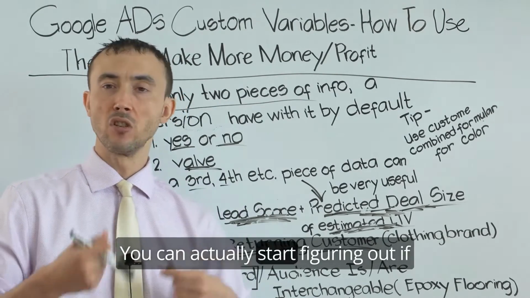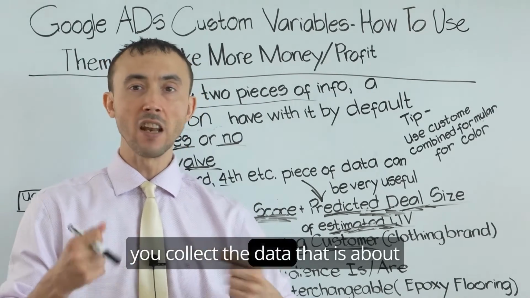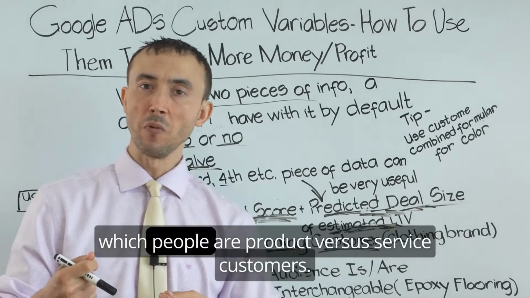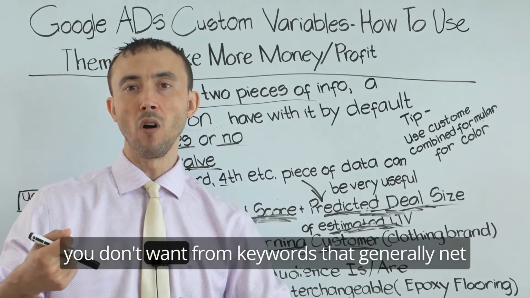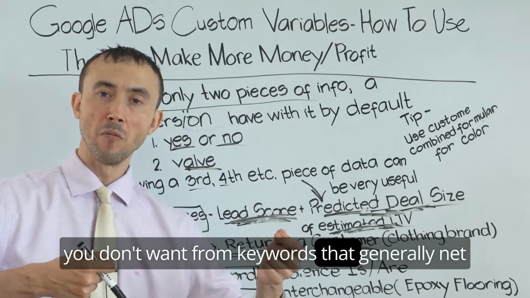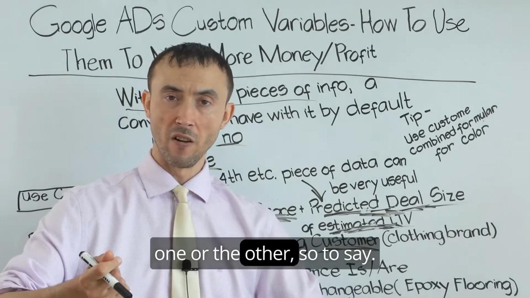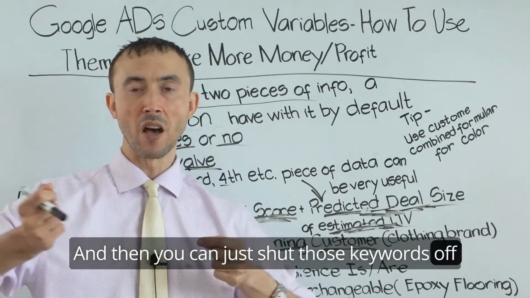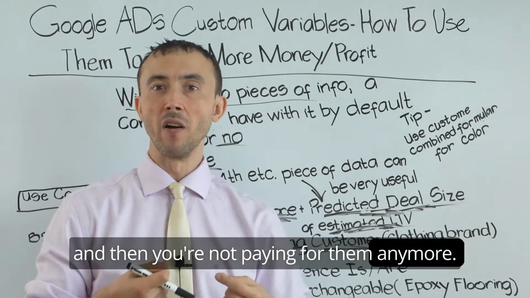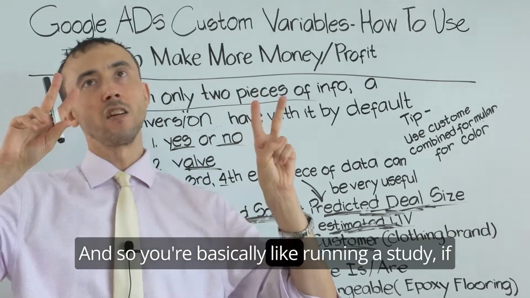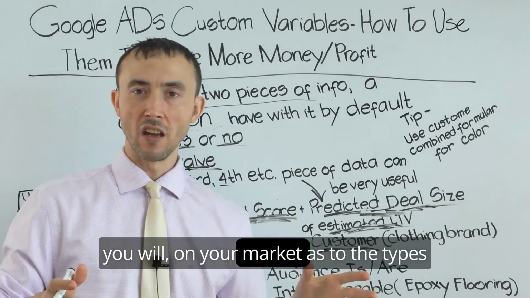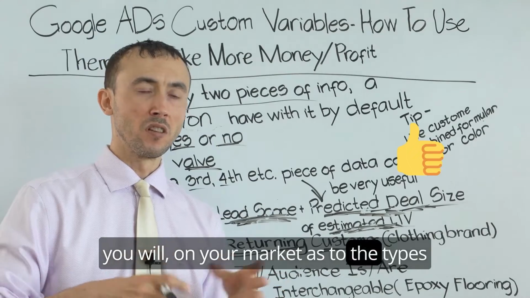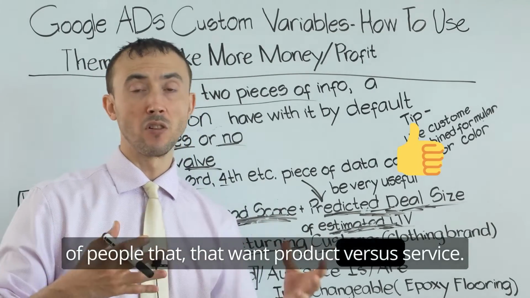If you collect the data about which people are product versus service customers, you can weed out the ones that you don't want from keywords that generally net one or the other, and then you can just shut those keywords off and you're not paying for them anymore. So you're basically running a study, if you will, on your market as to the types of people that want product versus service.